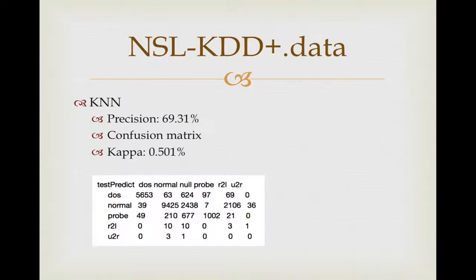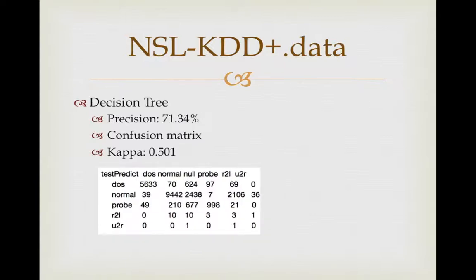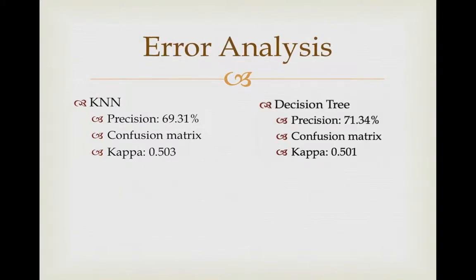To make a further judgment, I have to test other algorithms like the decision tree, and as I expected, it also drops dramatically due to using different data sets. But even though it drops dramatically, I can see that the results from KNN and from the decision tree don't have too much difference. So I began to wonder what caused this.